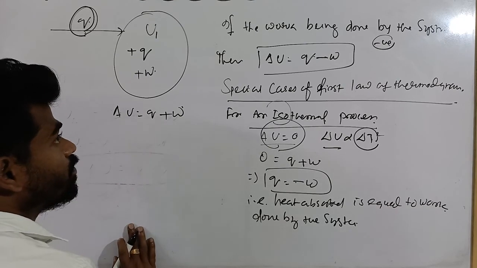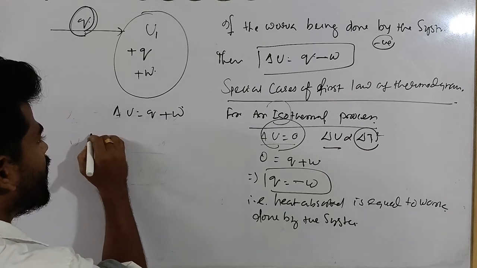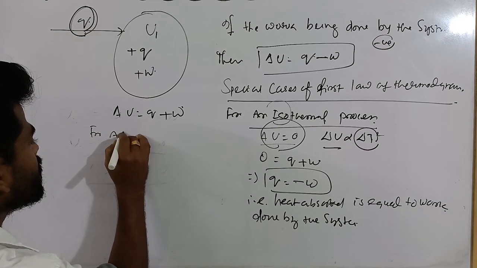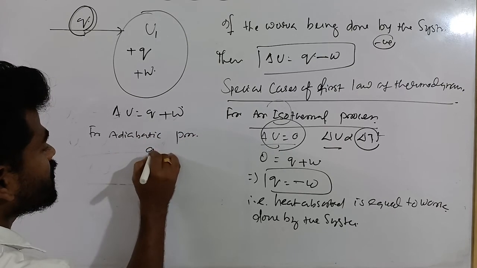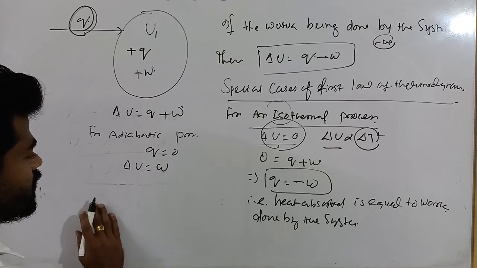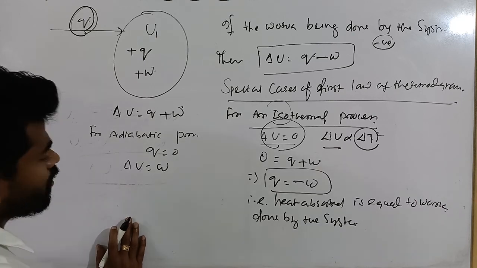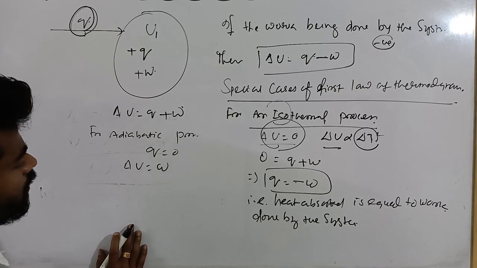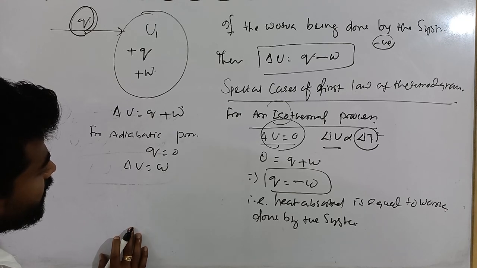So for the isothermal process I've gone, and now for the adiabatic process, Q is equal to 0. So del U is equal to W. That means work done on the system is equal to del U. Del U means change in internal energy.